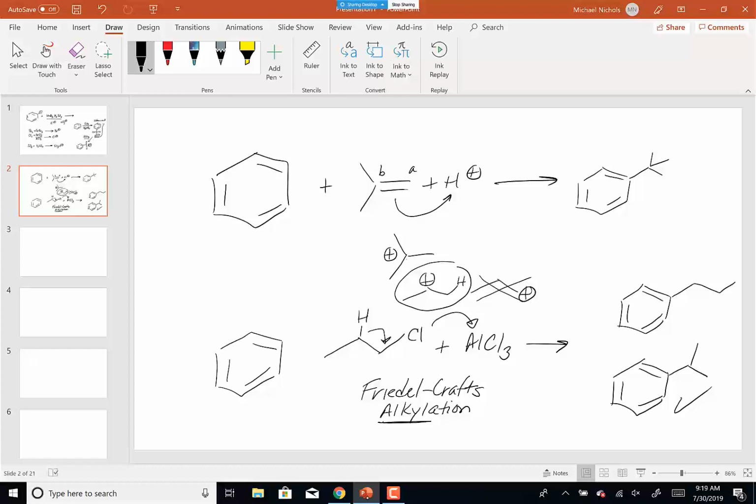The straight-chained propyl benzene is not going to be formed. So you have to remember that you're going to have the possibility of rearrangements with this Friedel-Crafts alkylation. You cannot add a straight-chained alkyl group to the benzene, because it will always rearrange.